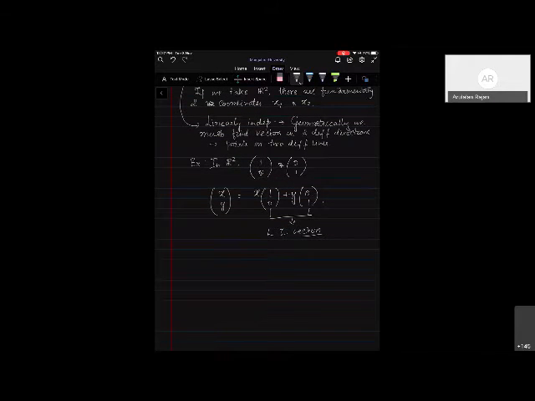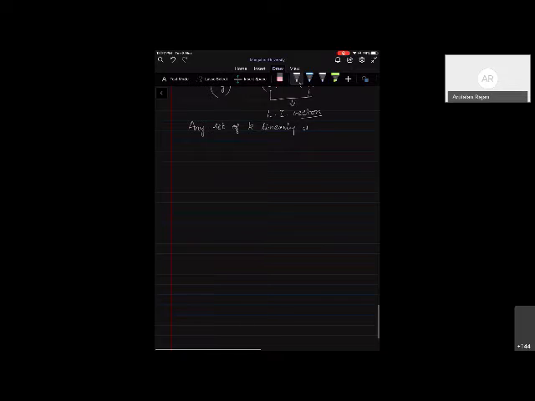So we're going to make this definition. Any set of k linearly independent vectors span, that means their linear combinations will span, a k-dimensional space. You can say vector space or subspace, a k-dimensional space.